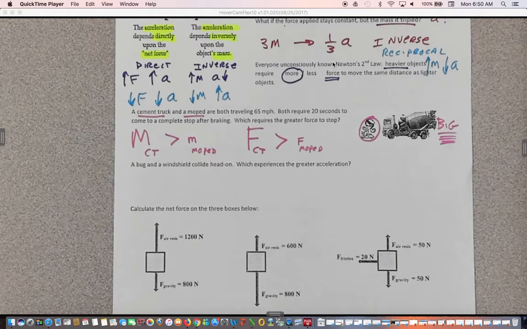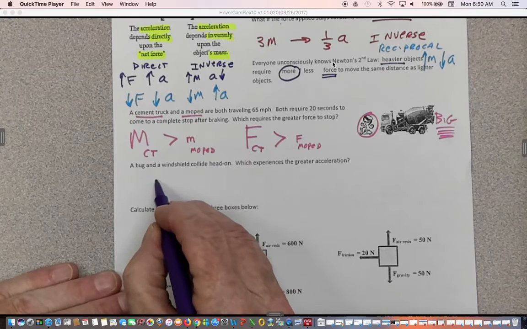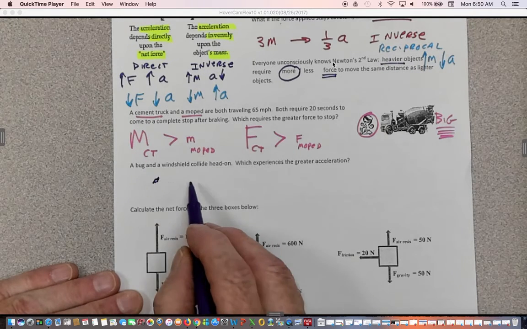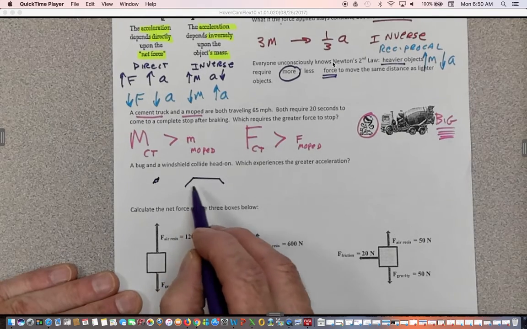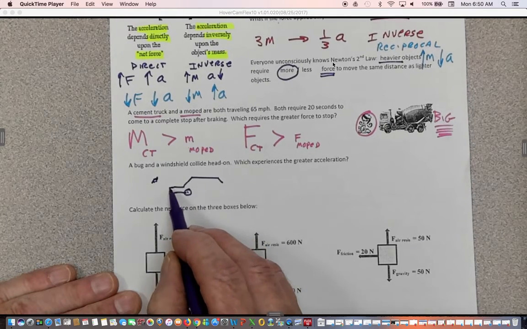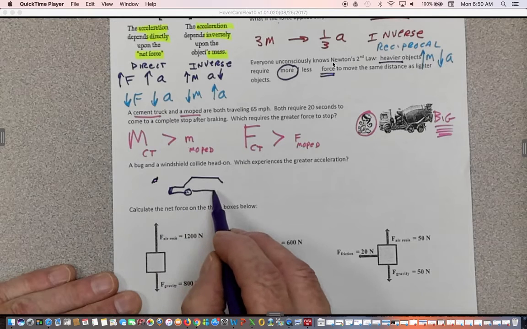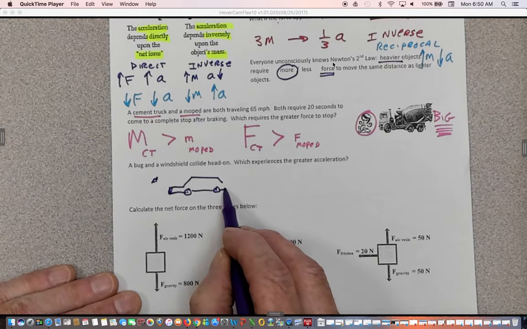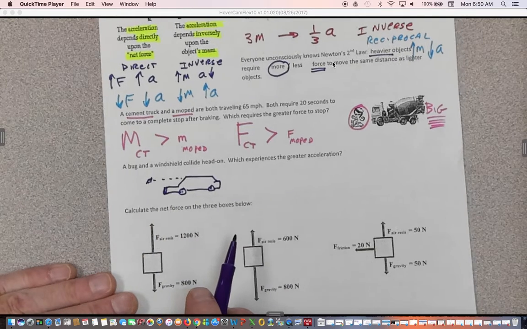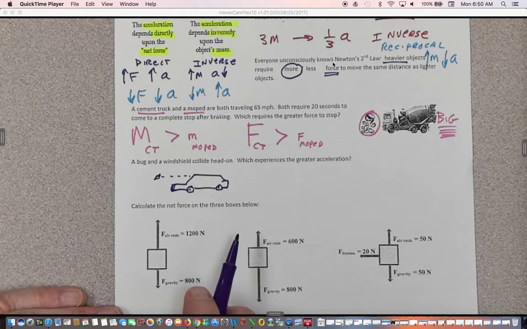Now, a bug is going to come into a windshield. So you got a little bug here flying along. And there's a car. And the bug's going to go into the windshield and hit it. They're going to have the same force, but think about it.